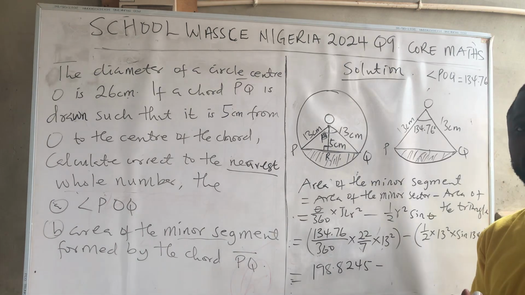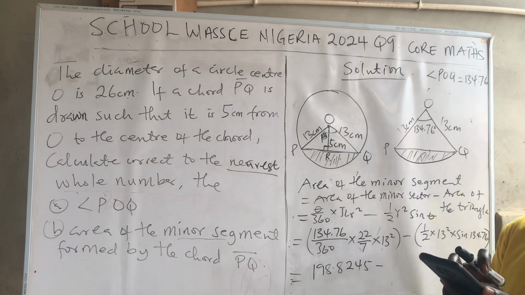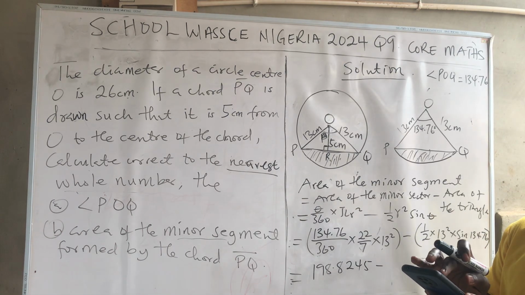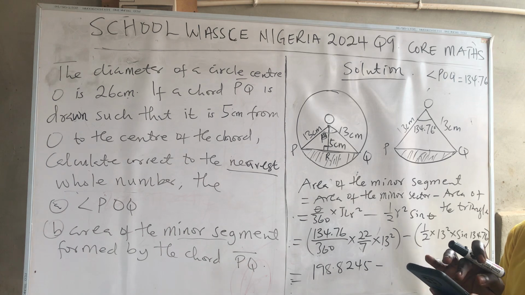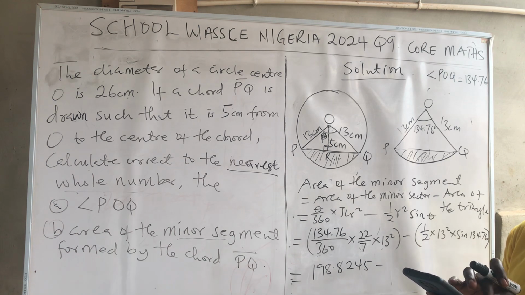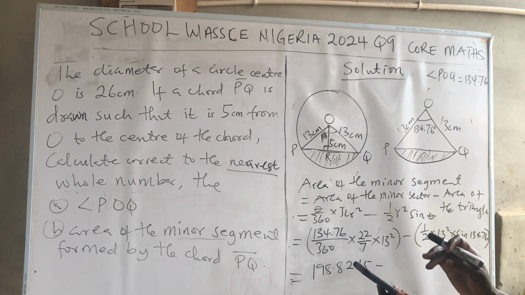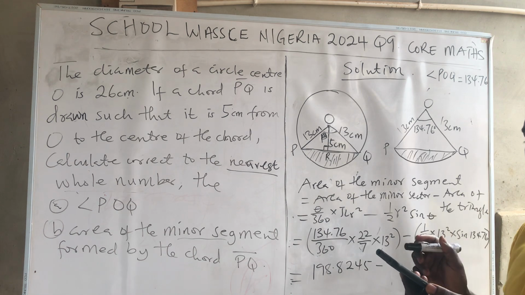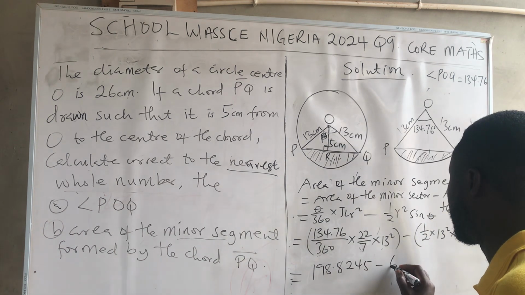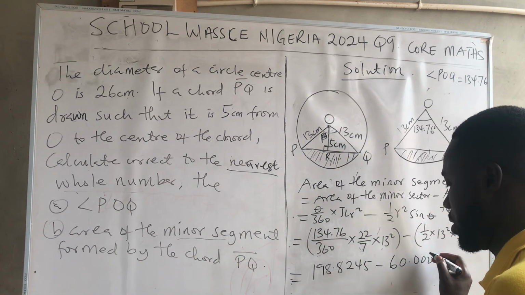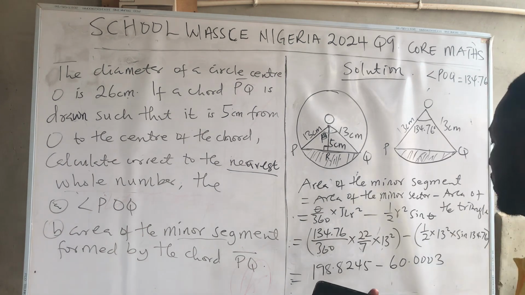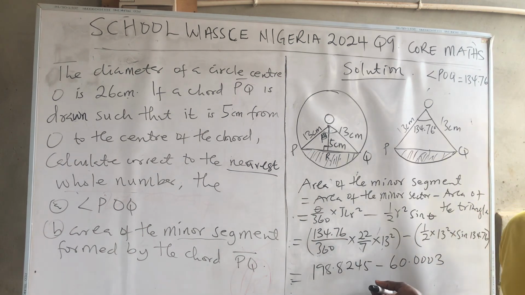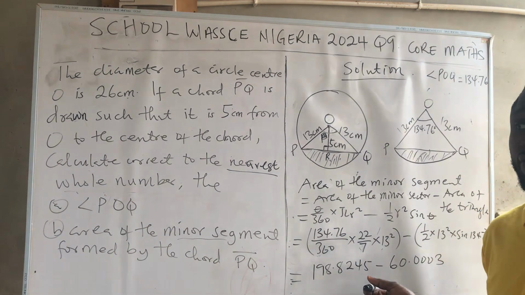Minus the area of the triangle, which is half times 13 squared times sine 134.76, which gives us 60.0003. I'm writing my answer in 4 decimal places for the accuracy of our answer.